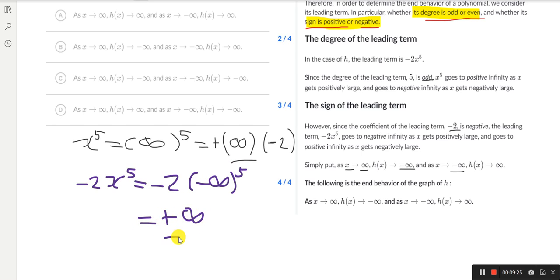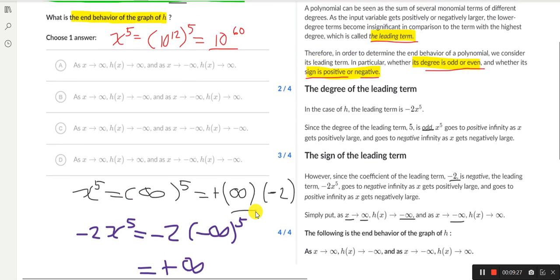So our polynomial would be: as x approaches infinity, h of x tends to negative infinity, and as x approaches negative infinity, h of x tends to positive infinity. So that would be your answer.